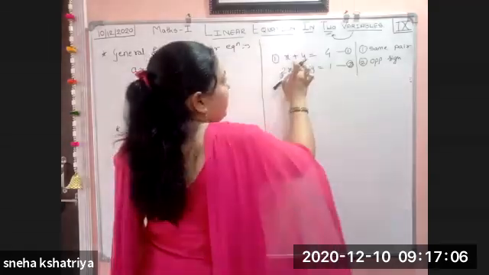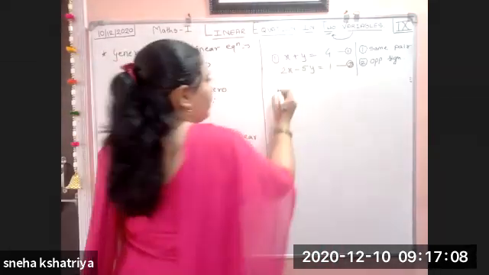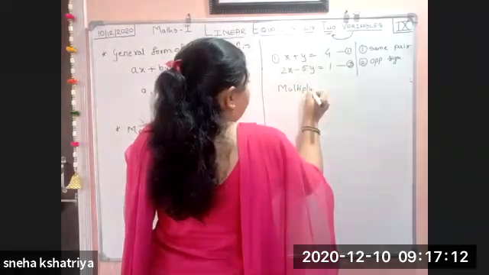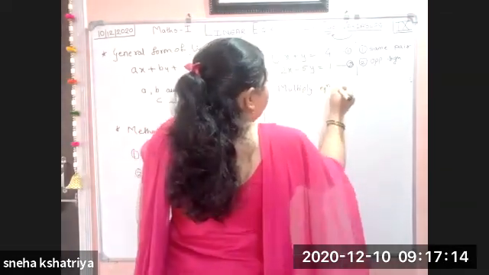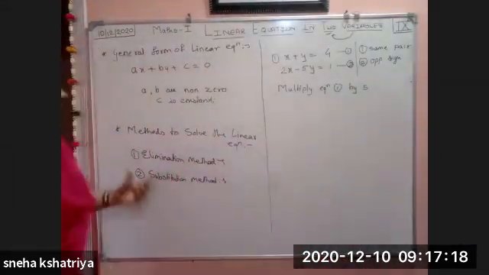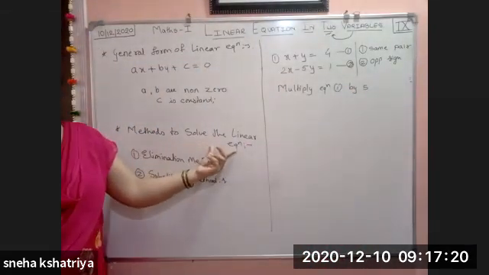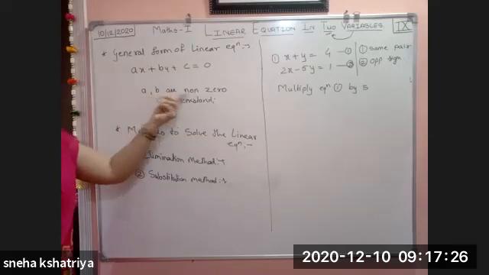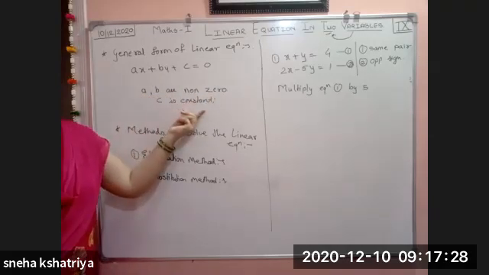Then we multiply equation 1 by 5. See here, methods to solve the linear equation. A linear equation is in the form ax plus by plus c is equal to 0, where a and b are non-zero, and c is a constant.